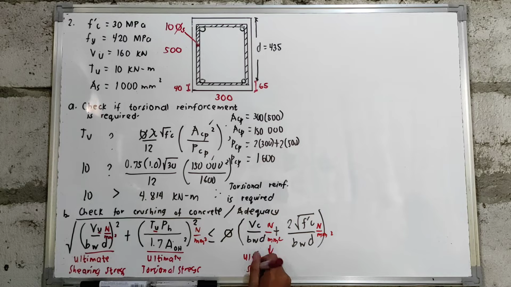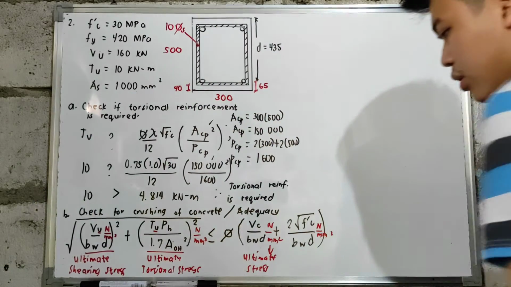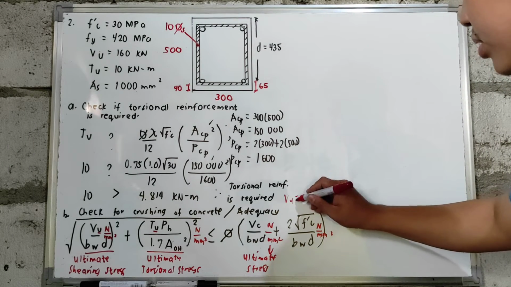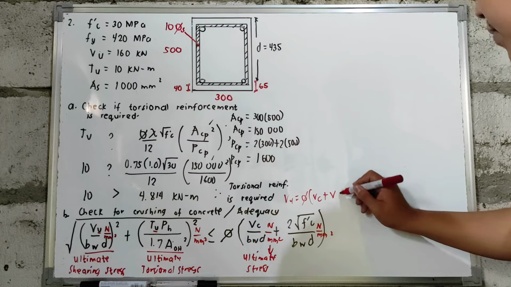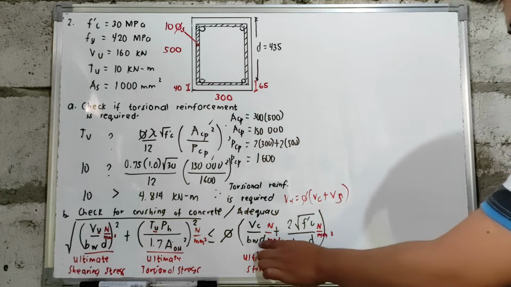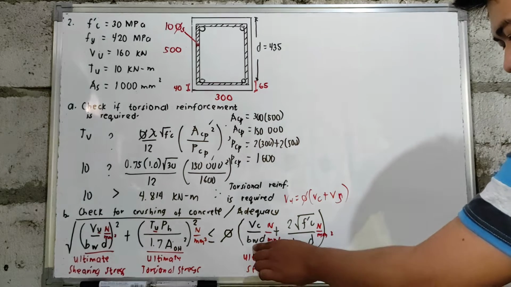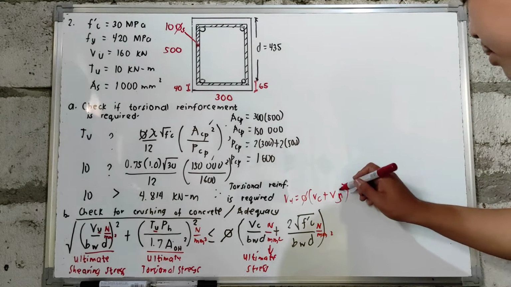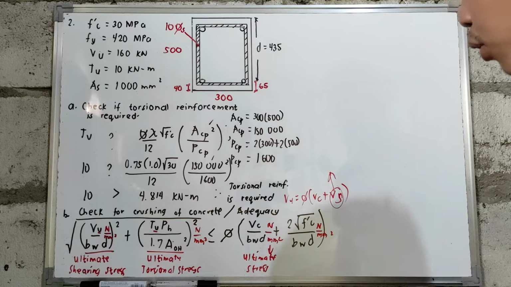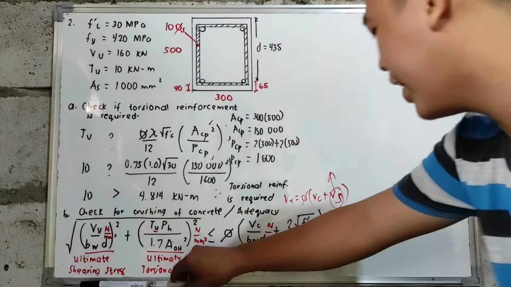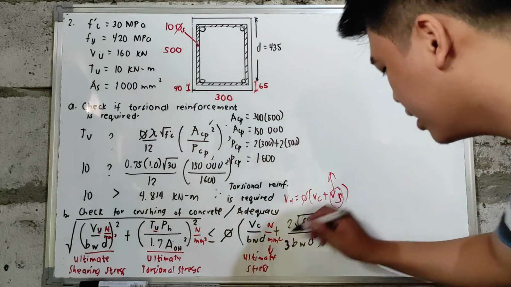So kung babalikan natin yung shear in beams, eto lang naman yung Vu natin. So mapapansin dito, Vu is equal to phi Vc plus Vs. Wherein yung Vc natin, kung gagawin natin siyang stress, i-divide lang natin yung area natin na bwd para maging stress. Plus, etong Vs natin, yung maximum ng Vs natin that is 0.66 square root of f prime c bwd.